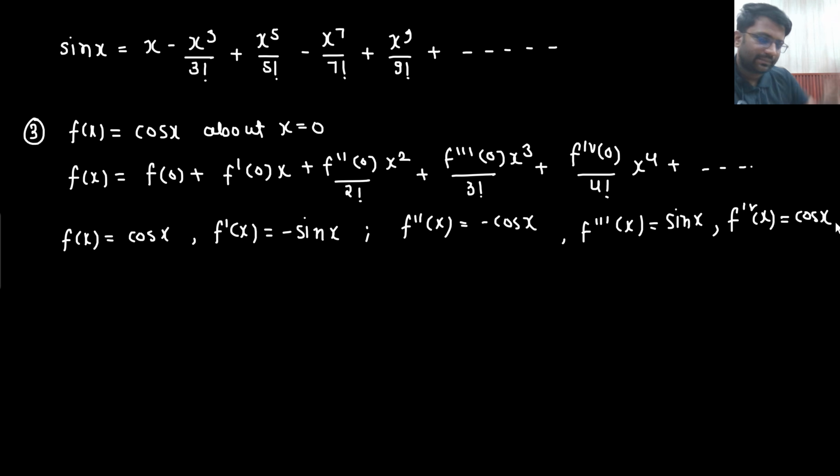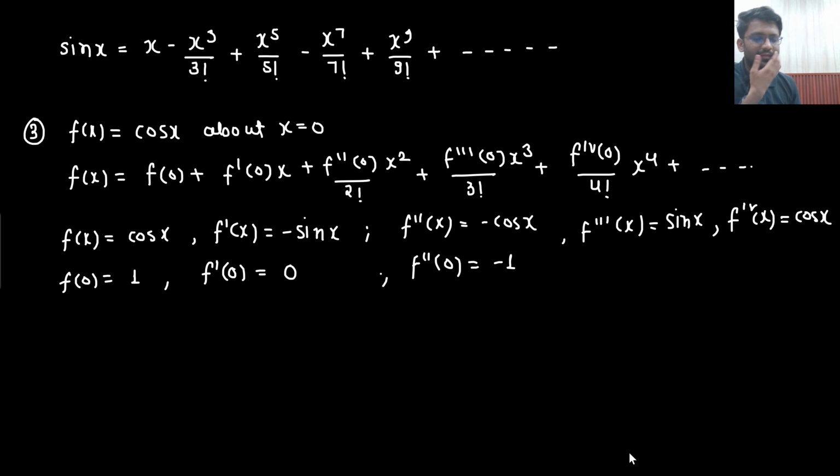Cos x, right? Now start putting x equals to 0. What is cos 0? 1. What is sin 0? That will be 0 only. What is cos 0? That will be 1. Minus sign is already there, so it will become minus 1. What is sin here? 0. And what is cos here? Again 1. So you must have understood the pattern, right?